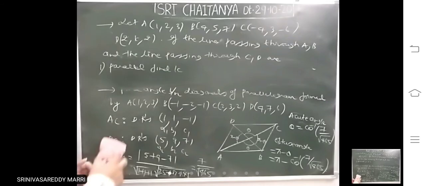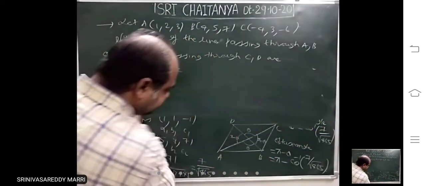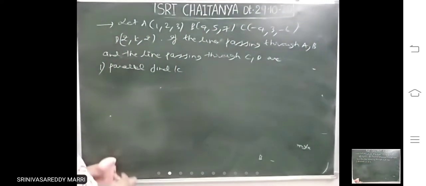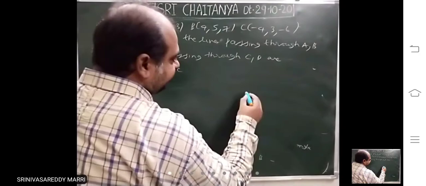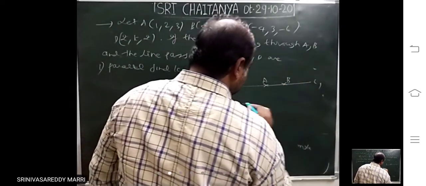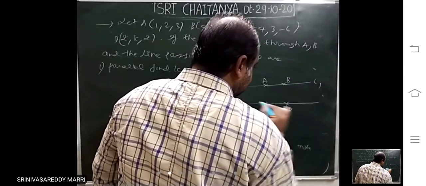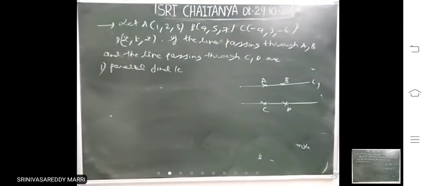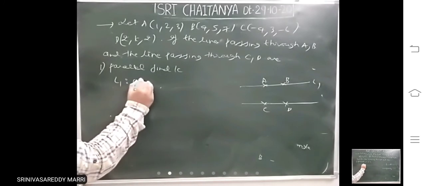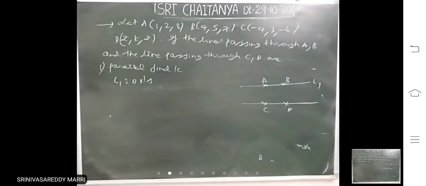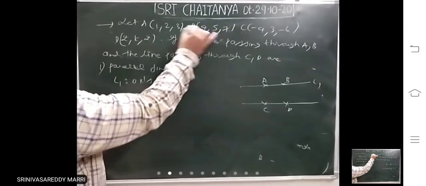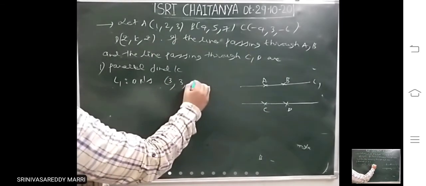Parallel condition, you know, A1 by A2 equal to B1 by B2 equal to C1 by C2. For the first line L1, AB, and the second line L2, CD, they are parallel. L1 DRs for AB are 4 minus 1, 3, comma 3, comma 4.